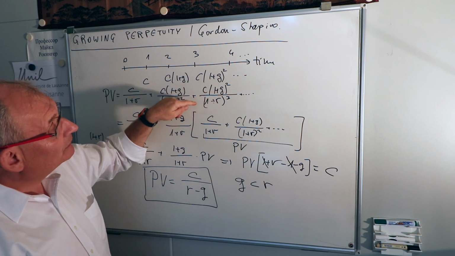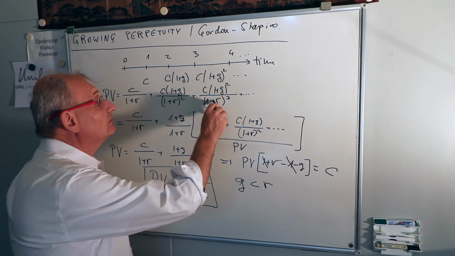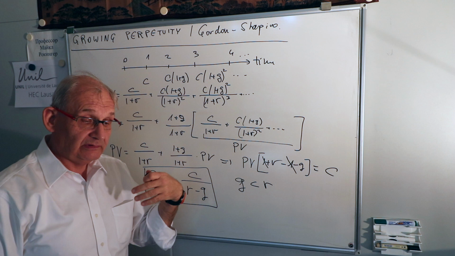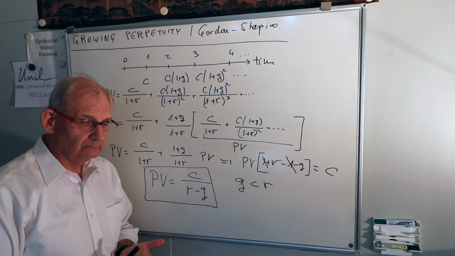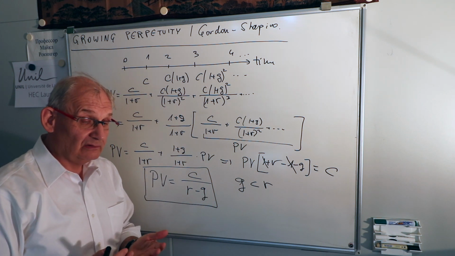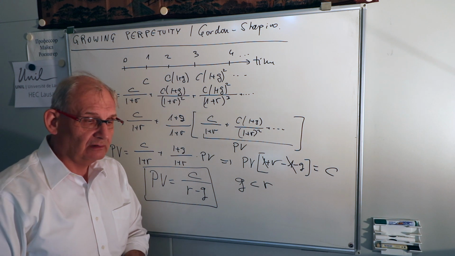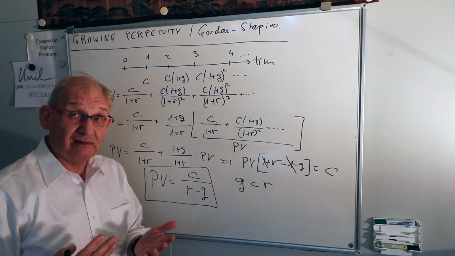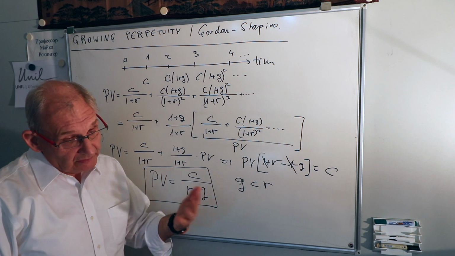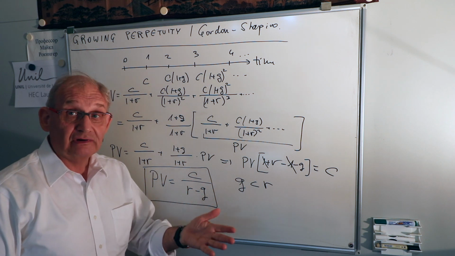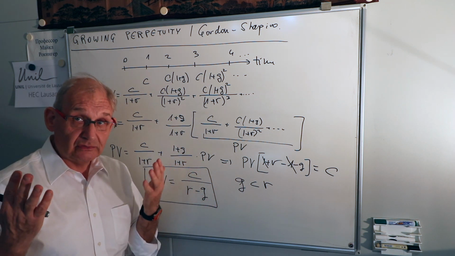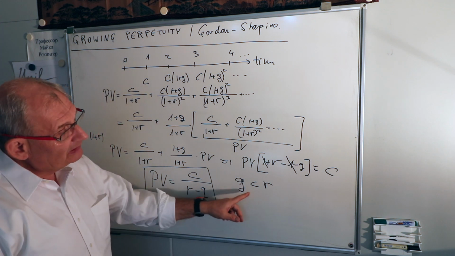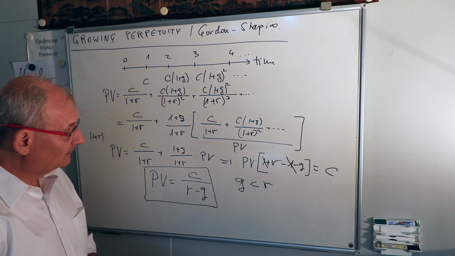And then this term here would also give me c divided by 1 plus r, and we would get an infinite amount of c divided by 1 plus r. Suppose that c divided by 1 plus r takes the value 5. So we're going to have an infinite amount of the value 5. The formula simply explodes, it's going to go to infinity. And so we need to have this strict inequality.